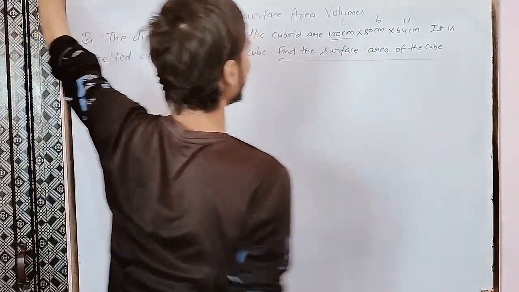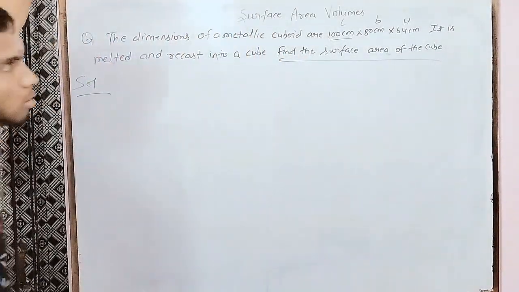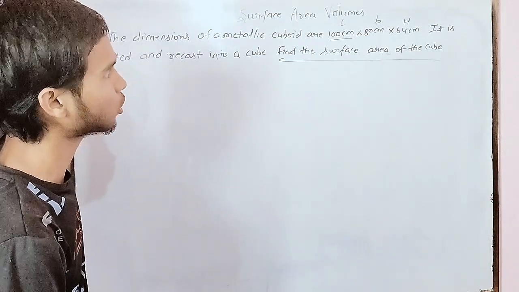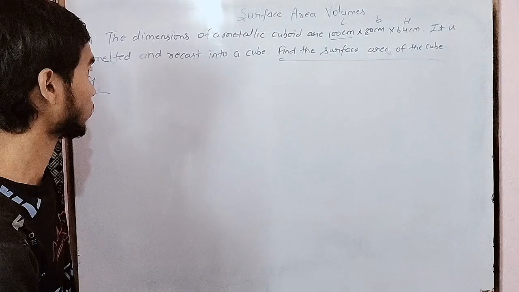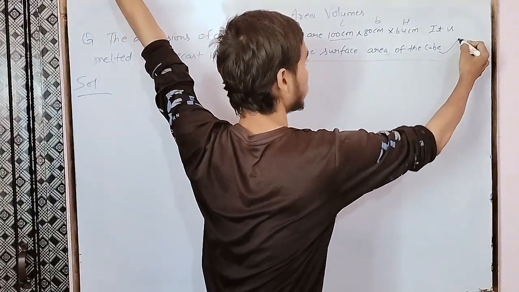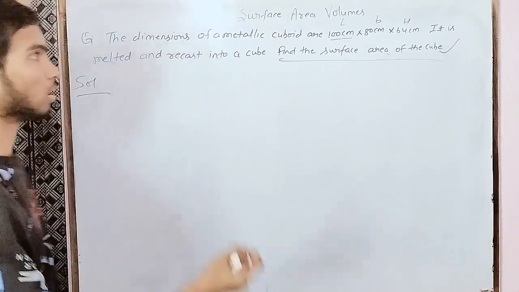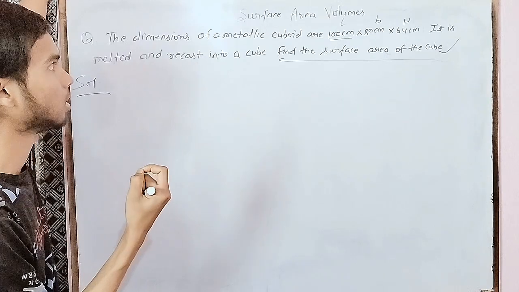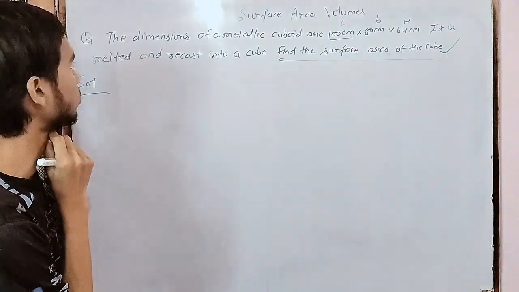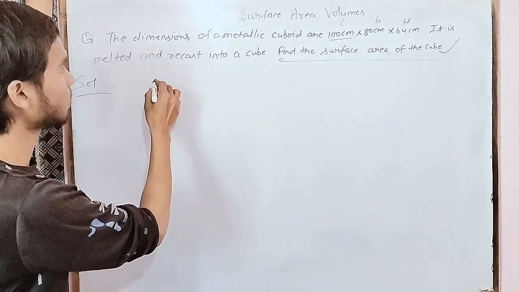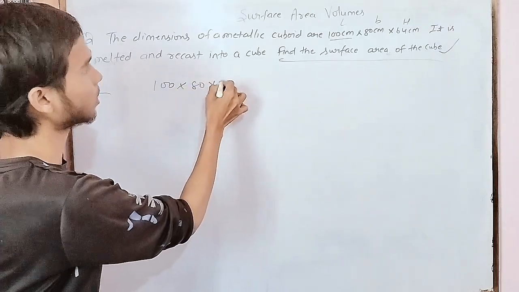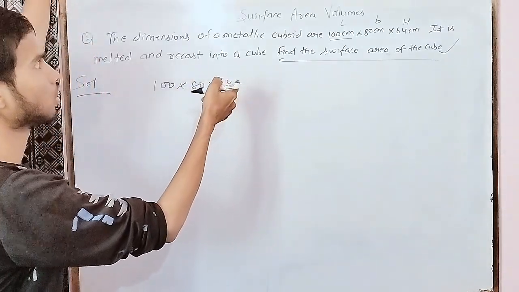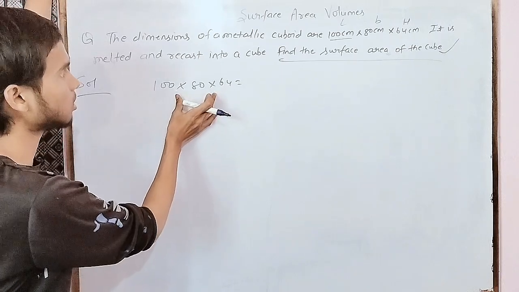Now at the end you will have to find the surface area of the cube. So first of all we should have the measure of each side of the cube. Then we can find the surface area of the cube. So can we say 100 multiplied by 80 multiplied by 64 is the keyboard's volume?